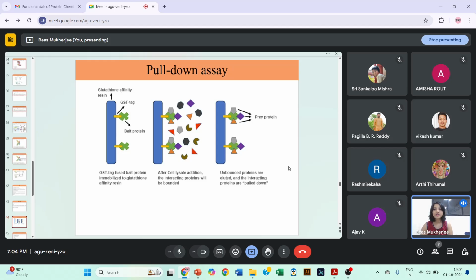Okay. So for example, here they have used a GST tag, and this is basically binding to a particular bait protein, and this glutathione affinity resin is used, and the bait protein is binding to this GST tag, and all the other proteins that bind to the bait protein are also getting purified. So that is a pull down assay.